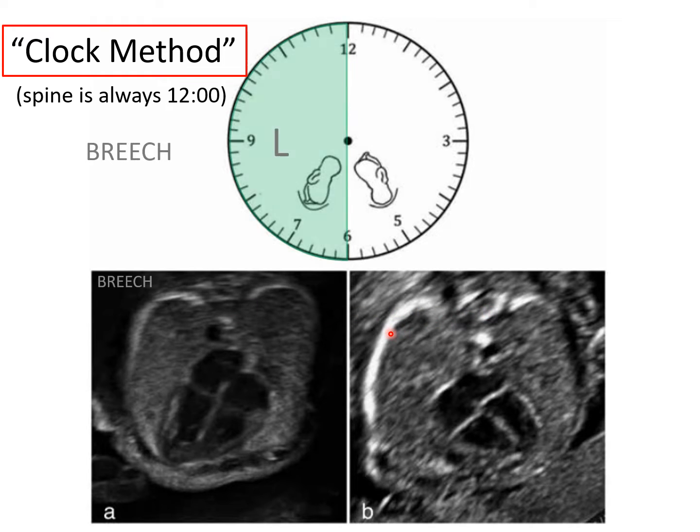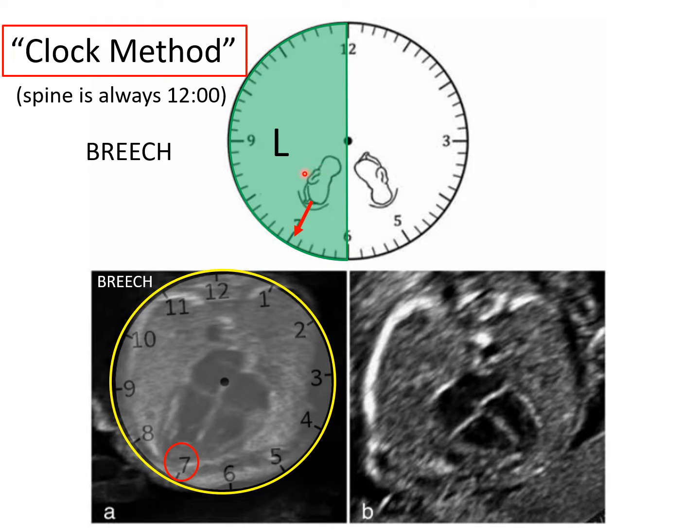If the fetus is in a breech presentation as shown here, then this view with your orientation marker in the correct place, transverse through the fetal chest, the apex in the plane of the ventricular septum, the cardiac axis, the apex should be pointing at 7 o'clock. Again, the spine is 12 o'clock.